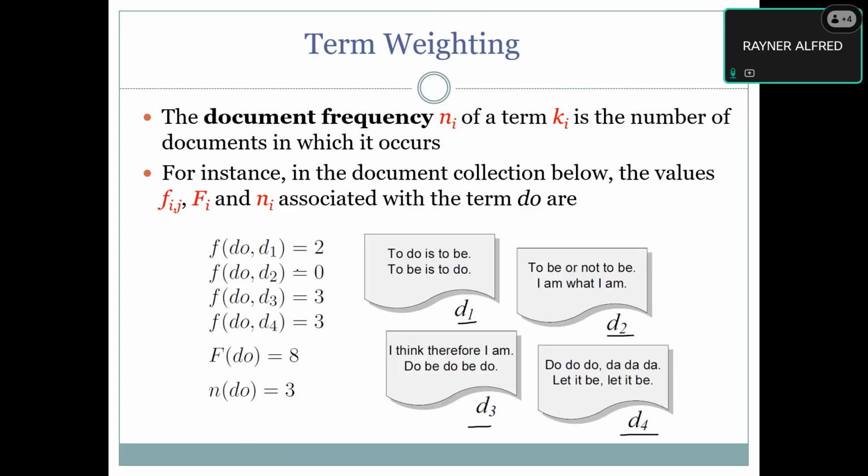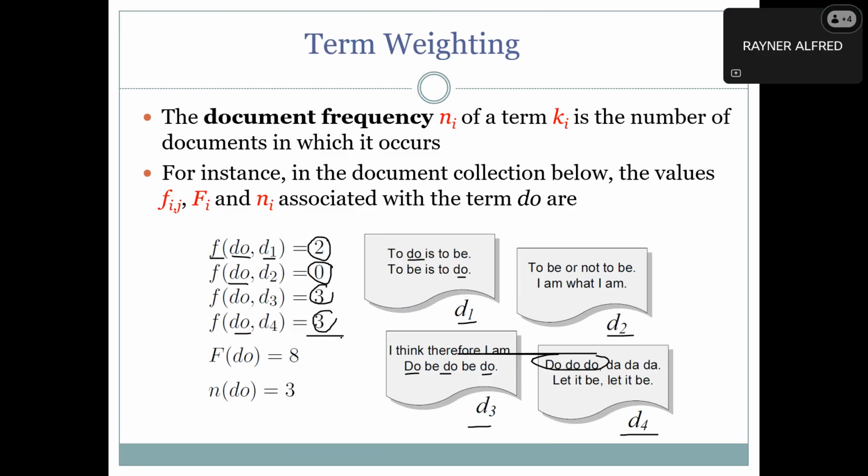So, for example, if we're looking at the frequency of "do" in D1, we have 1 and 2, so 2. The frequency of "do" in D2 is 0. "Do" in D3 we have 1, 2, 3, so 3. And "do" in D4 we have 1, 2, 3, 3 also.